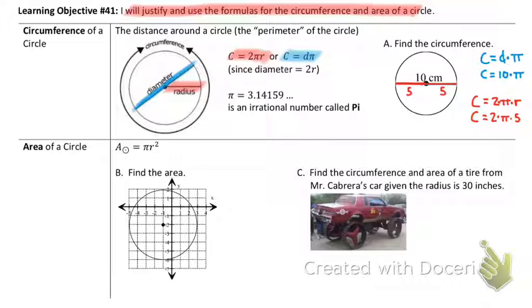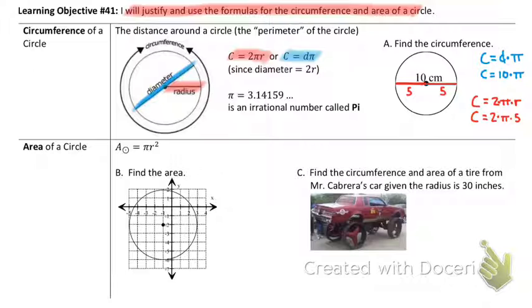And we would plug it in just like that. Again, I will show you how to compute this in a little bit, but for now, I just want you to get comfortable using these 2 types of formulas. This formula here is the one we're probably going to use more often, finding the radius. If you are given the diameter, you can always find the radius by splitting the diameter into 2 parts or dividing it by 2. Okay?